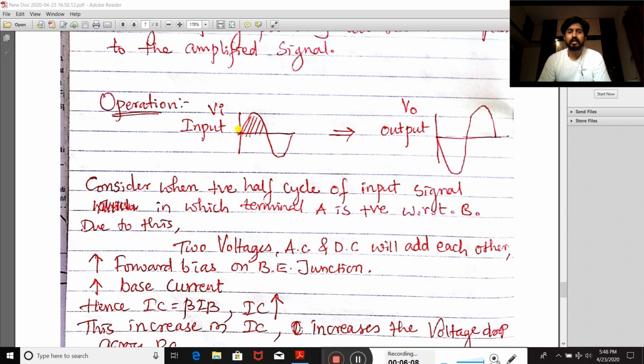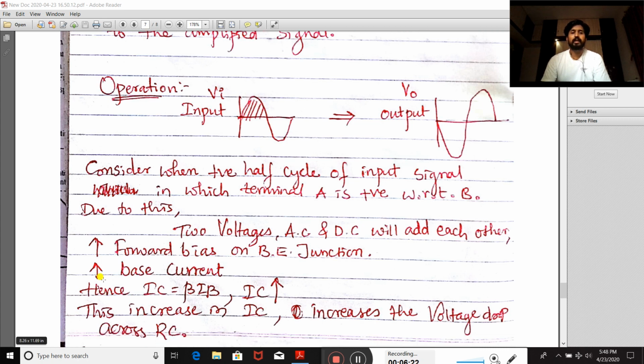When terminal A is positive with respect to terminal B, the two voltages will add to each other, which increases the forward bias of the base emitter junction. Because of that, the base current increases, hence at the output side the collector current also increases, that is beta times IB. As the collector current increases, the voltage drop across RC or RL increases.